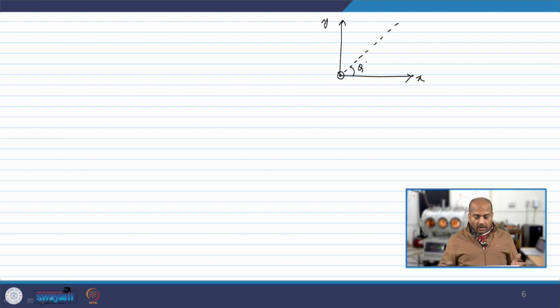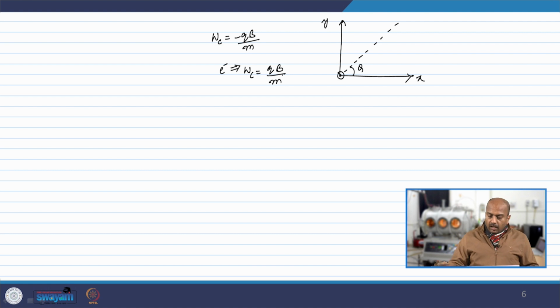Okay, so in that case, we know that omega c is minus qB by m, right? So for an electron, which is a negative charge particle, omega c becomes positive, which is qB by m. Now remember this. If the charge is negative, then the rotation will be such that phi is increasing.